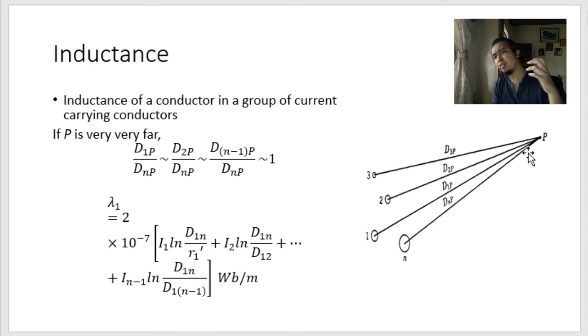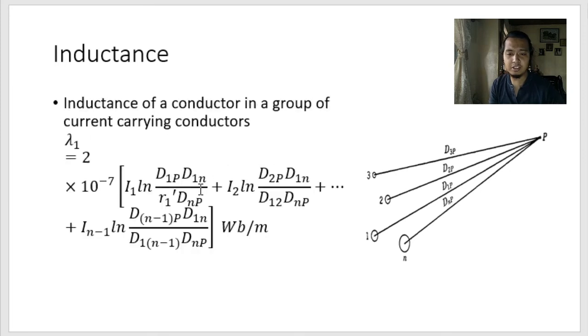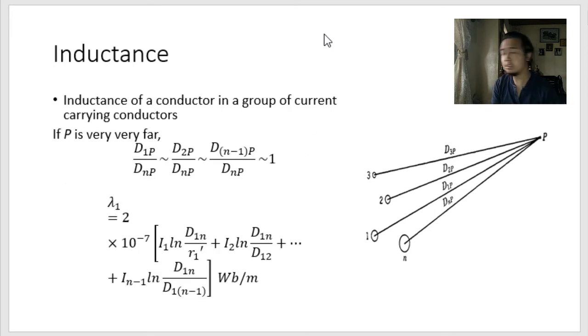They are almost similar with respect to their distance to P. So this 1P over NP and all of these 2P over NP will just cancel out. It's an approximation that is done using the assumption that P is very, very far.